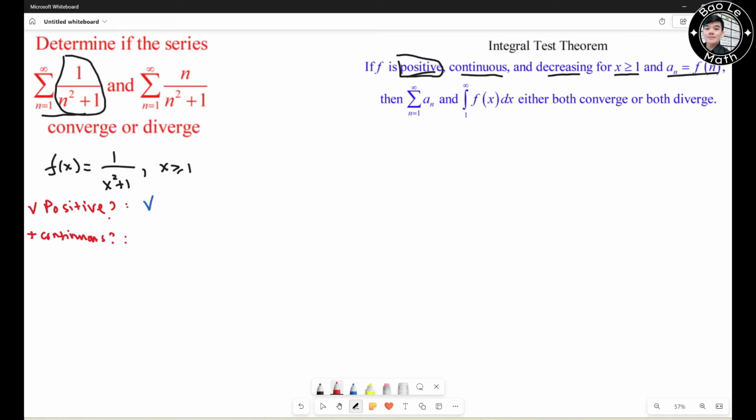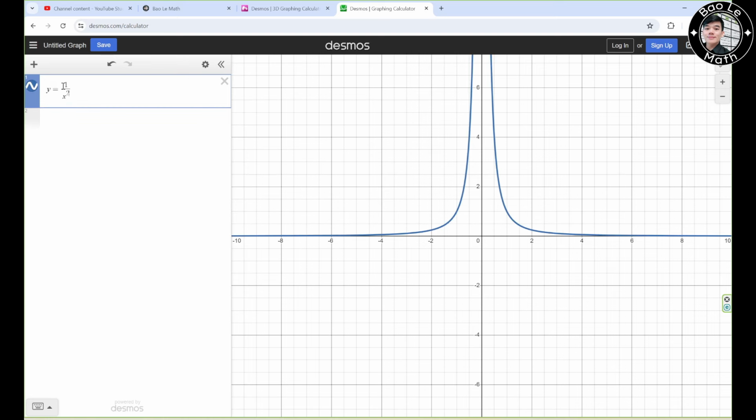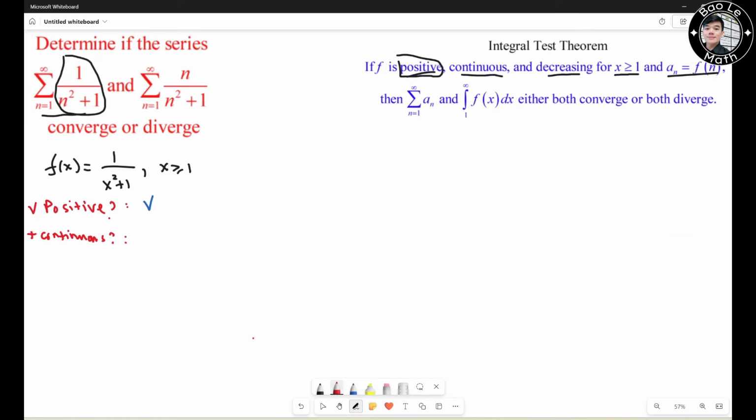And if we want to use a graph to check, yes, we can do it. So y equals 1 over s squared plus 1. We see that the function is always continuous. So this one, yes.